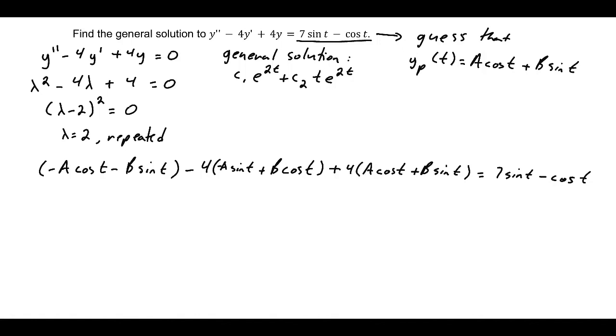Now, we want to group these in sine terms and cosine terms so that we can equate coefficients.